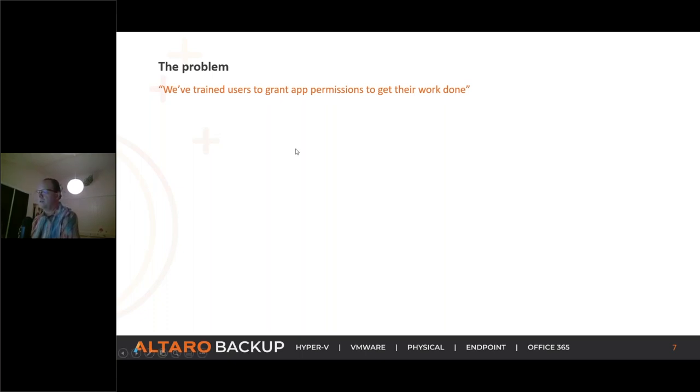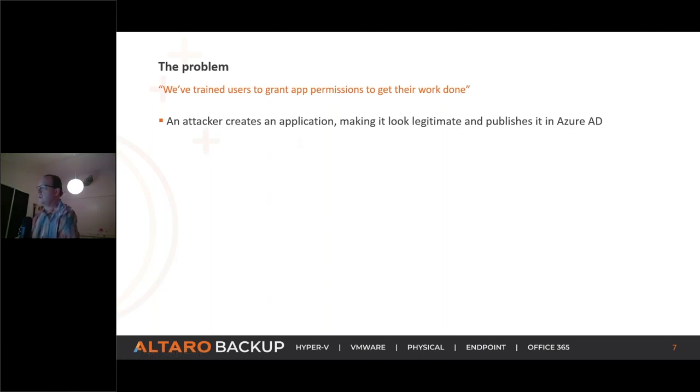And of course, in Microsoft 365 and in Azure, Microsoft has a fairly thriving app ecosystem as well, right? So the way this works and the way attackers use this is they create an application, they make it look like a legit app, and then they do some sort of tricking of your end users so that they will install this application.